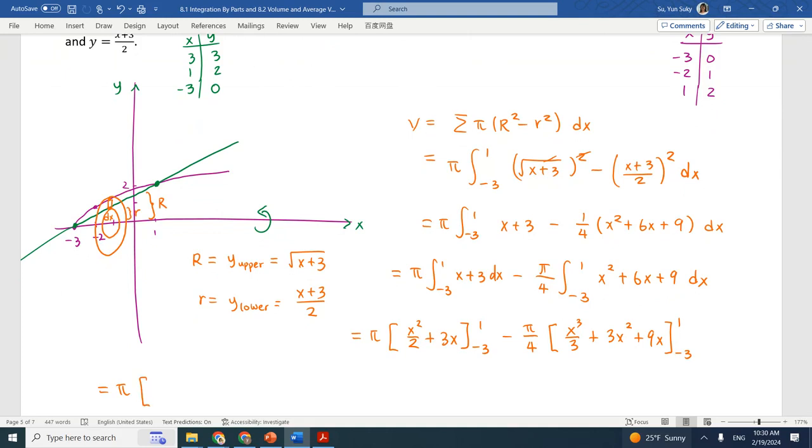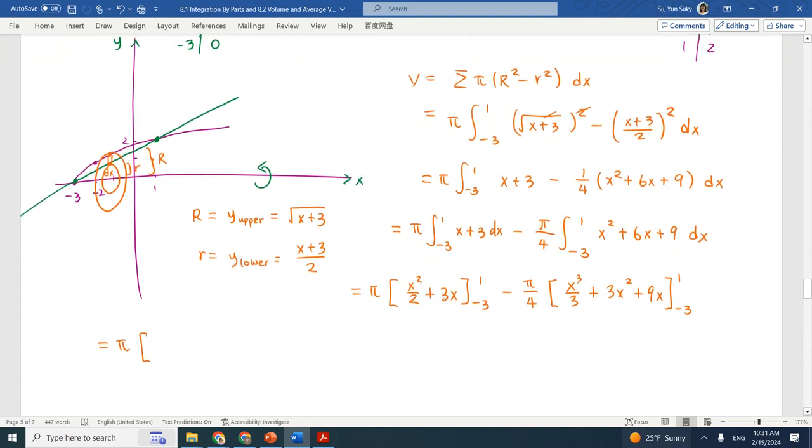So let's plug in. The first one. We plug in 1. What do we get if we plug in 1? 1/2. Yes. Minus, we plug in negative 3.